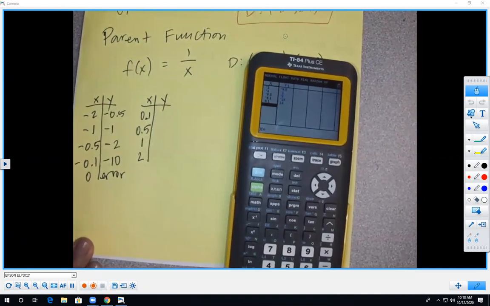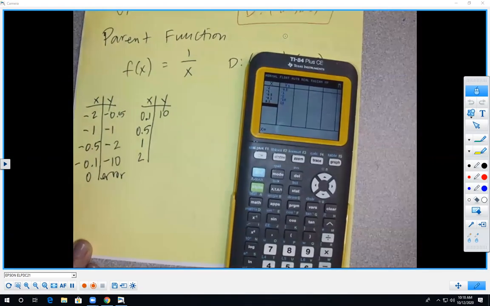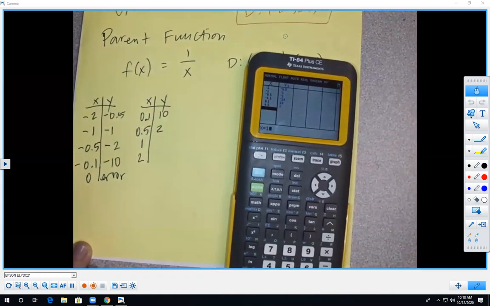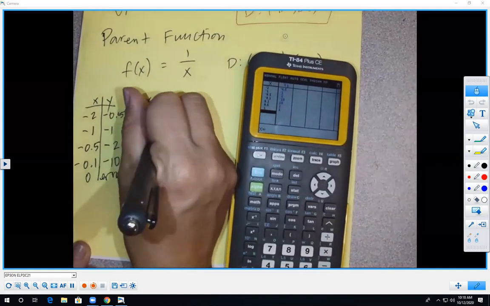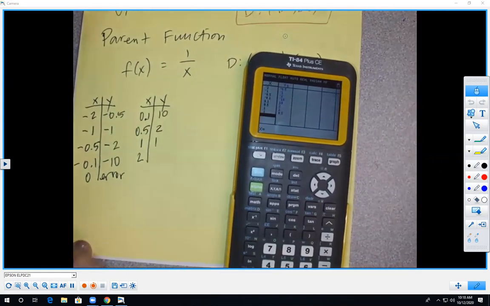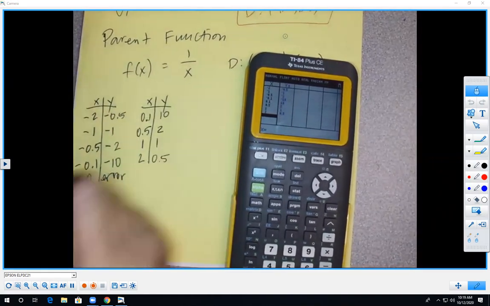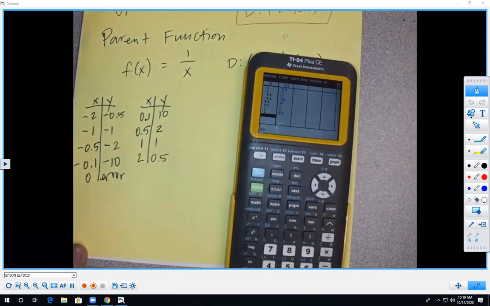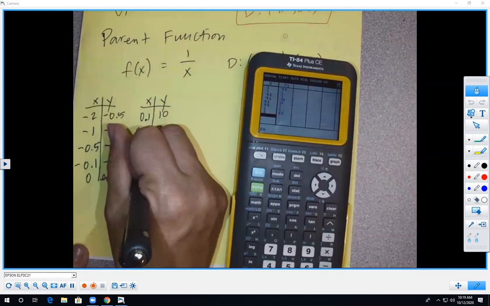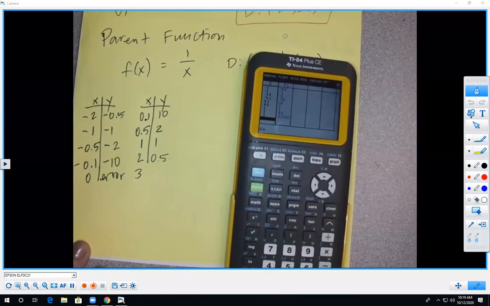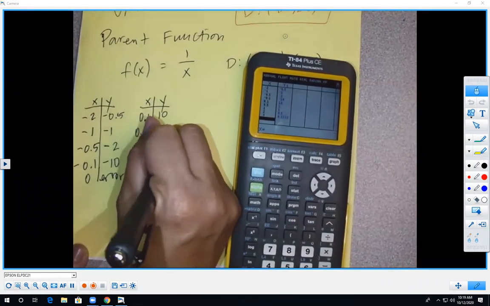Positive 0.1, I get positive 10. Positive 0.5, I get 2. Positive 1, I get 1. Positive 2, I get 0.5. I'm going to go ahead and do 3 here. I get 0.33.